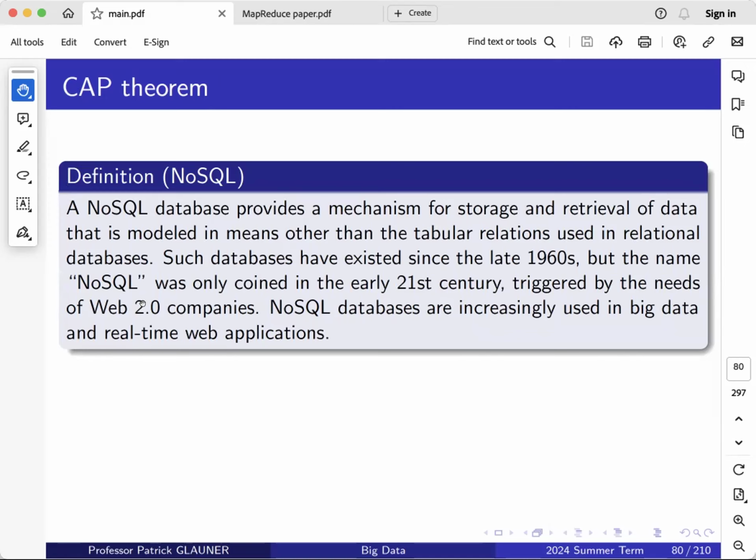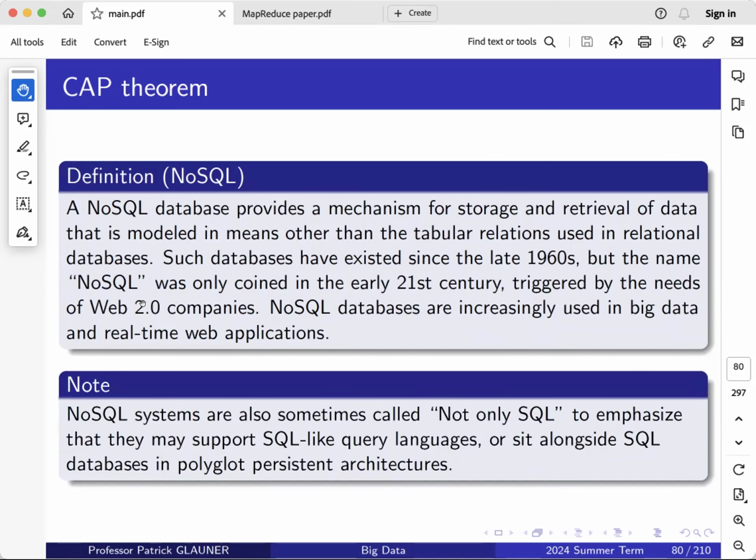NoSQL is actually a sort of strange term from my perspective, because you have these new database approaches called NoSQL, yet some of them actually use SQL or some query language that is inspired by SQL. So I personally don't like the term NoSQL too much. I would sometimes call this "not only SQL", which emphasizes that they may support query languages like SQL, but it actually refers to a much more diverse set of architectures under the hood.